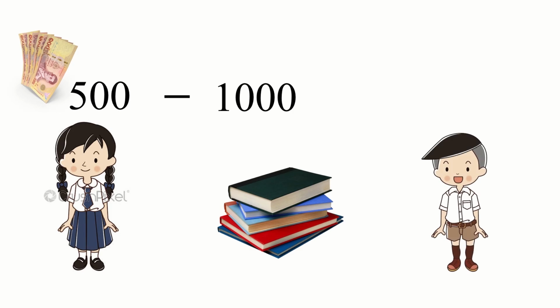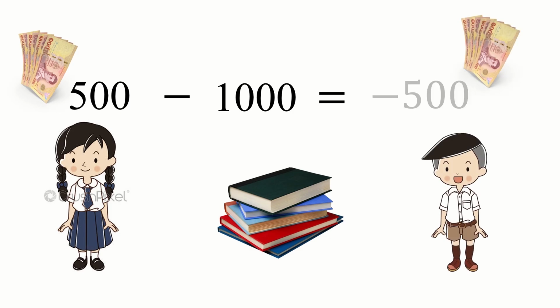She is short with 500. She needs 500 more to buy this book. So she's short of 500. So how do you represent it in mathematical form? You say -500. So she probably has to borrow from her friend to pay for the books. So that's how negative works here.